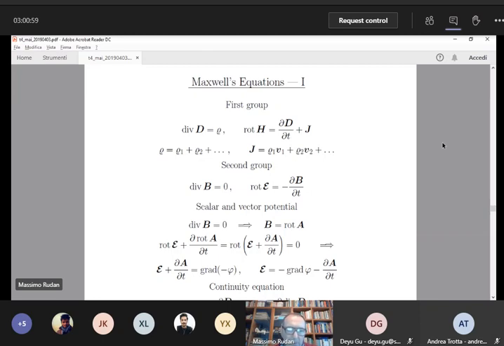Those of type 2 have a charge density rho 2, and so on. In a semiconductor, rho 1 could be like the concentration of holes times Q. Rho 2 could be the concentration of electrons times minus Q, and so on.